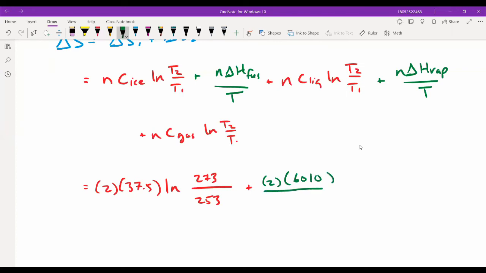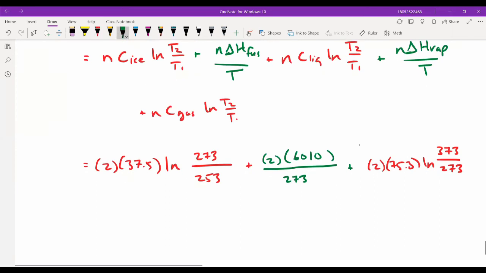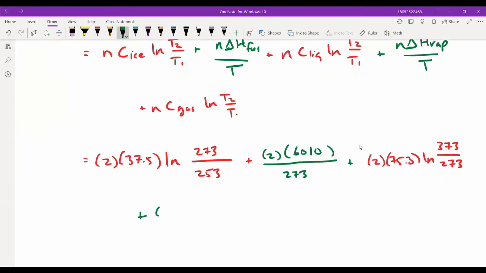So it's going to be 2 times that, joules per mole, over the temperature again in Kelvin. And then we have our liquid changing temperature. That process would be that one with the 2 temperatures. The vaporization would look like this. This would be 373 for the vaporization temperature.